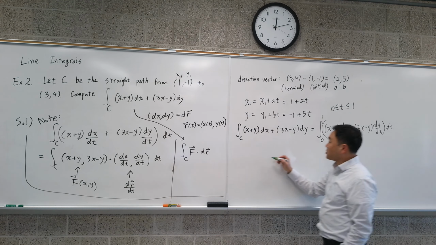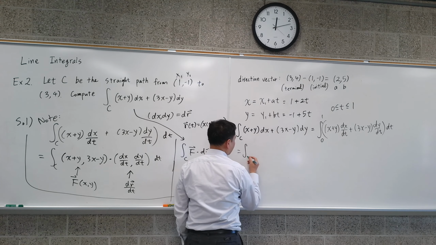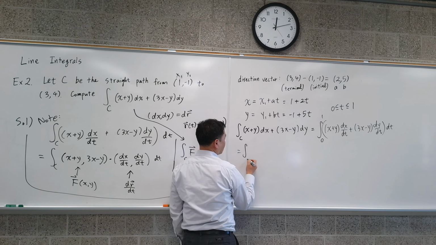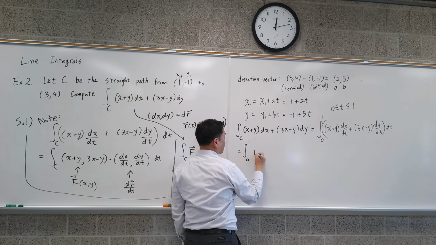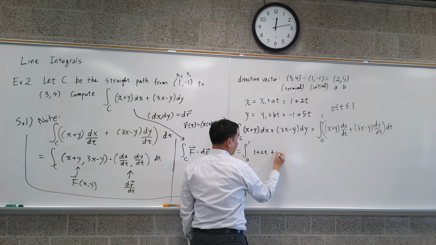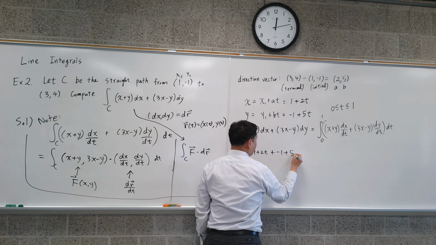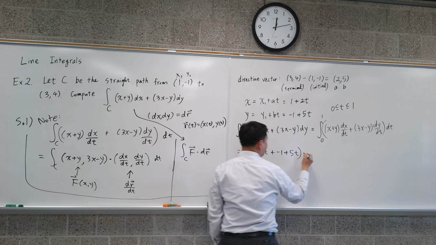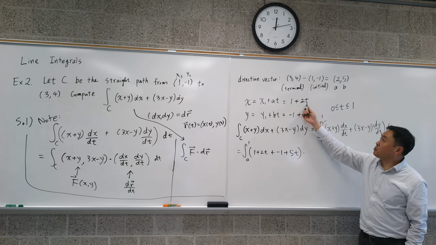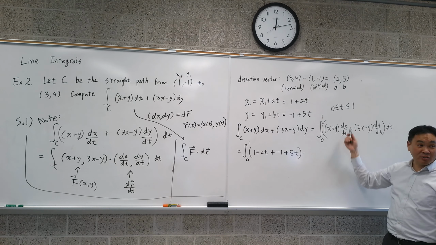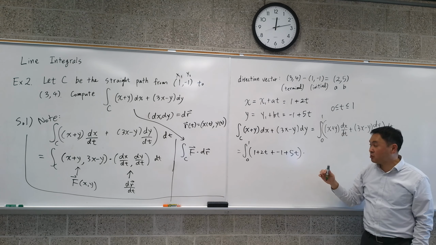And then x plus y is this plus that, right? 1 plus 2t plus negative 1 plus 5t, times dx dt, which means you're differentiating this by t. That's what dx dt means. So you differentiate that by t, you get 2.